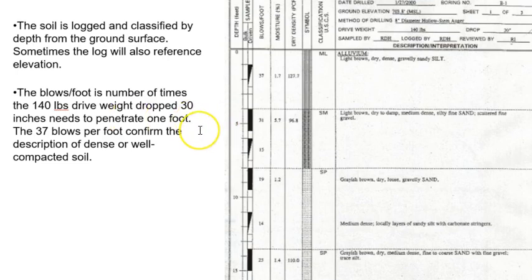So we drop the 140-pound weight a distance of 30 inches, that's just a standard in the business, and then we push down 1 foot and measure how many times it takes for that to occur. So it's a description of the density, obviously. The 37 blows per foot confirms the description of a dense or well-compacted soil, and we see that here.